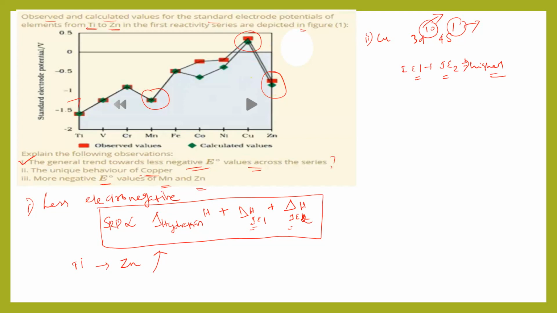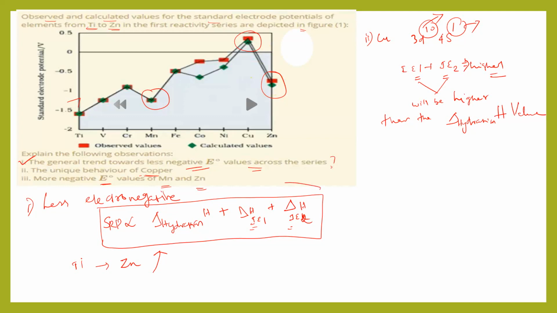So put together, both values, that is the ionization enthalpy values, will be much higher than the hydration enthalpy value.